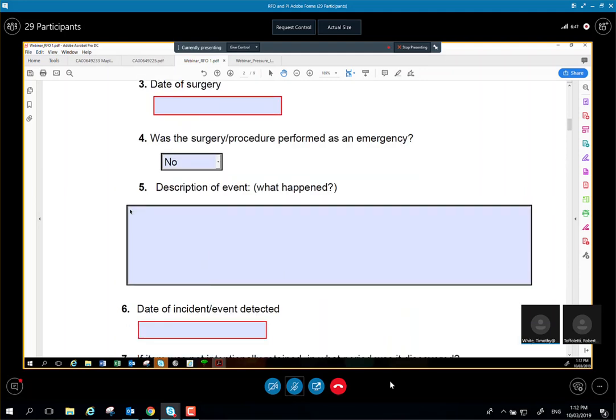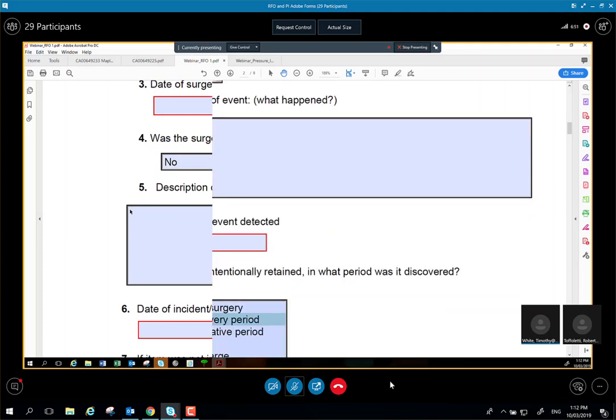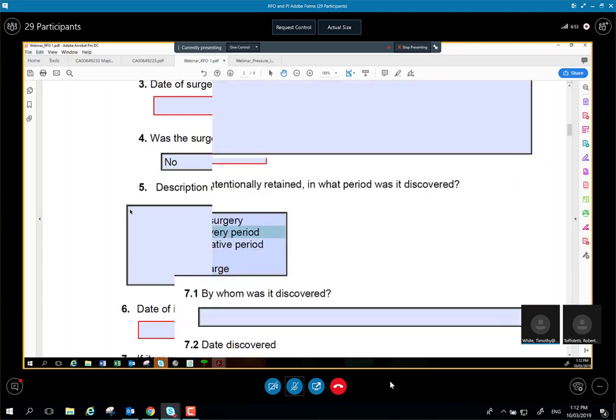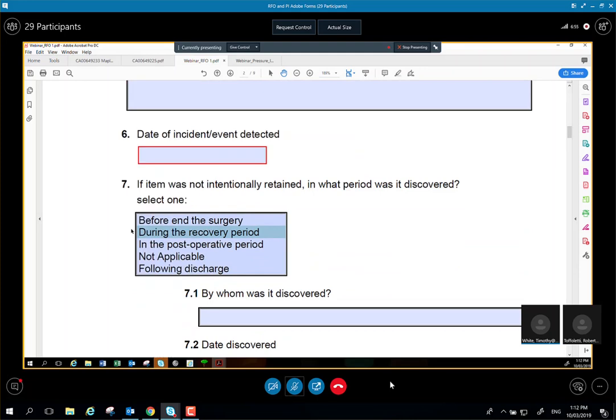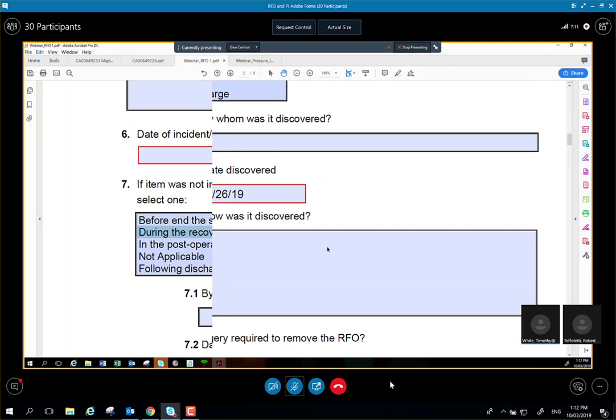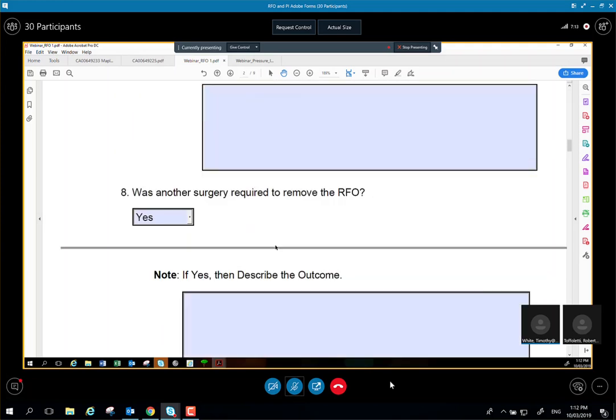Here's what you can put in terms of what happened regarding the retained foreign object. When did it happen? Was it before end of surgery? Generally, if it's before end of surgery, we don't consider it a retained foreign object, but anything out of the operating room we do. So you can then make your choices with these. Who discovered it? When was it discovered? How was it discovered?